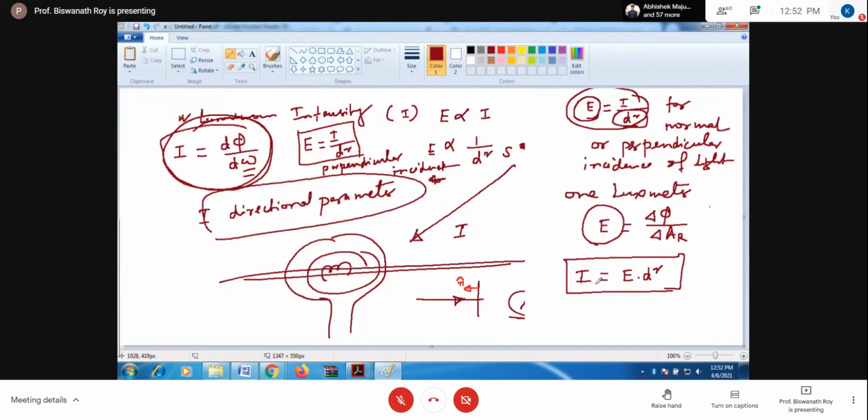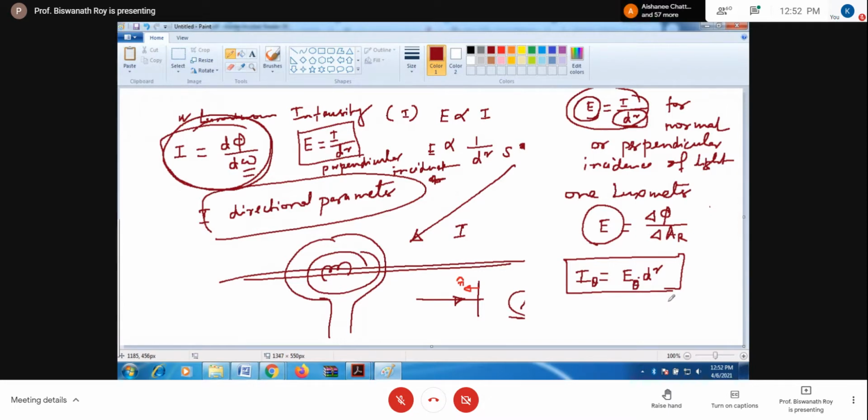If the angle is represented by theta, then I theta is equal to E theta into d square. So this is the working formula for the second set of experimentation.